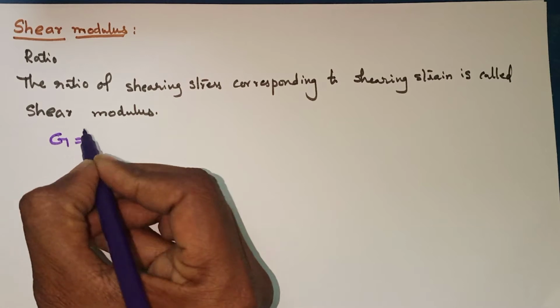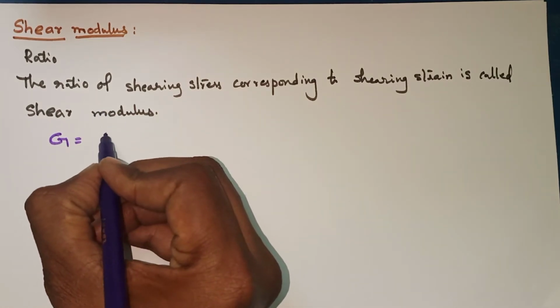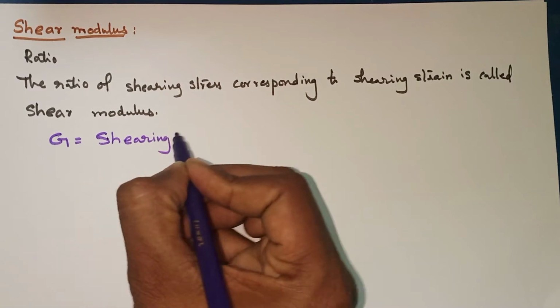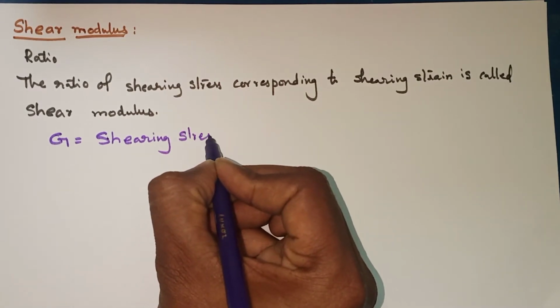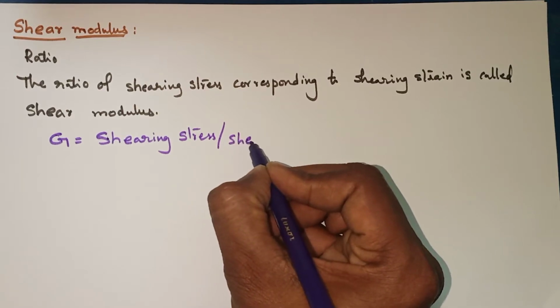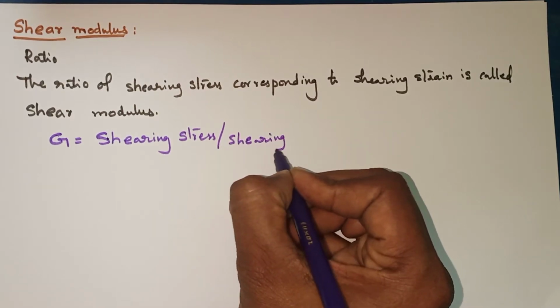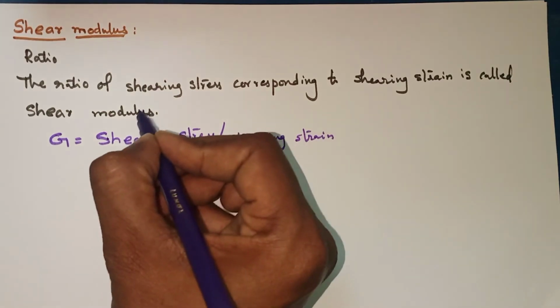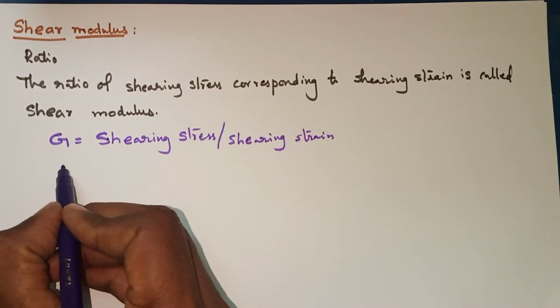G is equal to shearing stress by shearing strain. Don't cancel shearing and shearing.